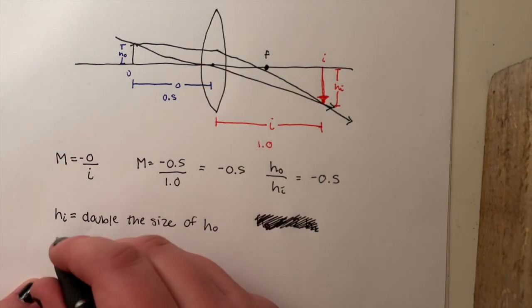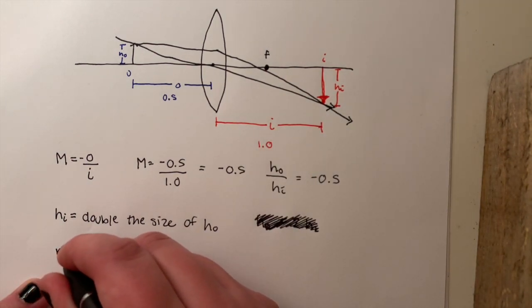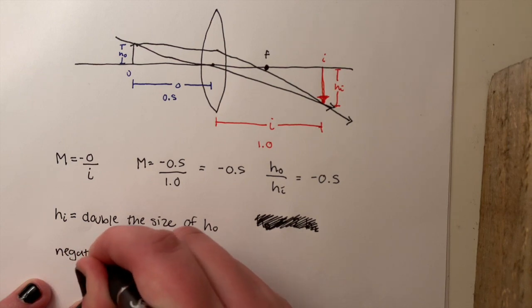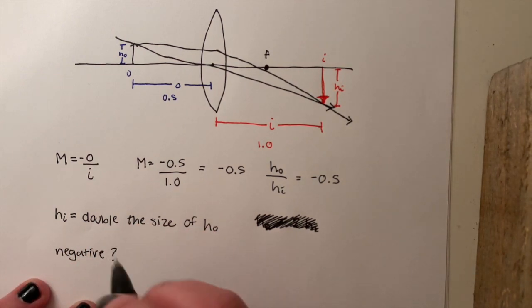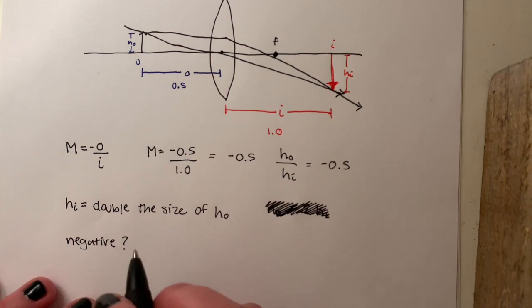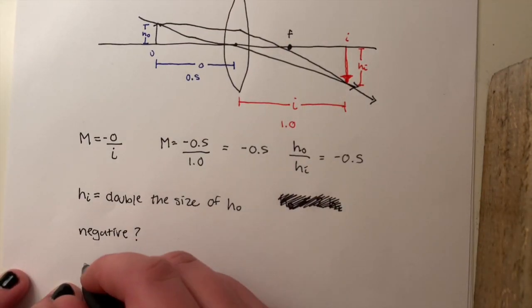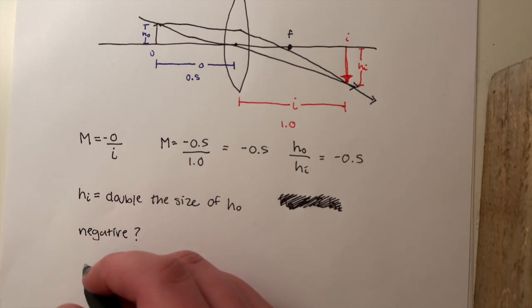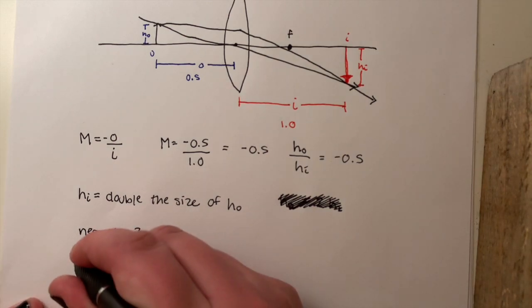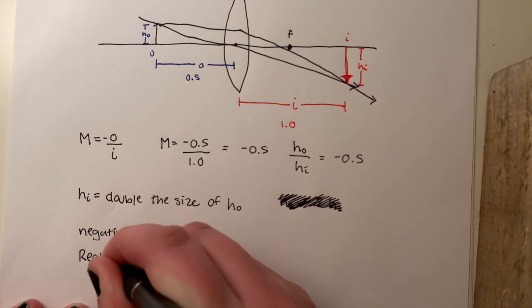But notice we still have that negative. So what does that actually mean? Because the sign in this case does matter. As you can see in the ray diagram, it is an inverted image. This indicates that our magnification is negative and therefore is a real image.